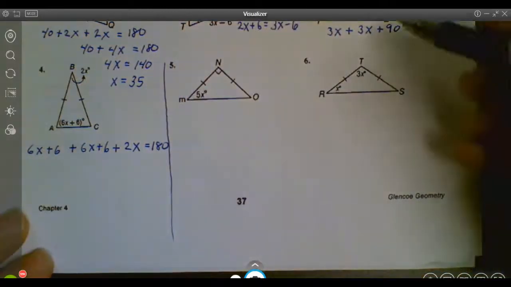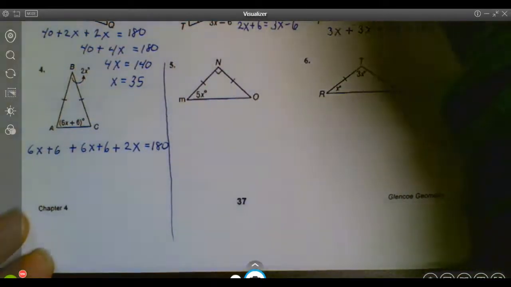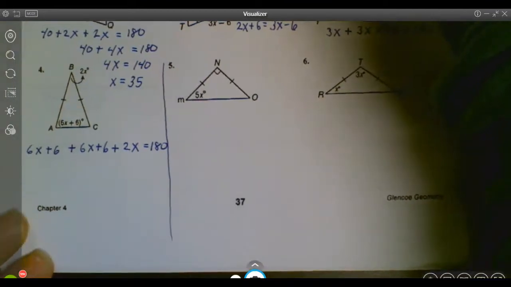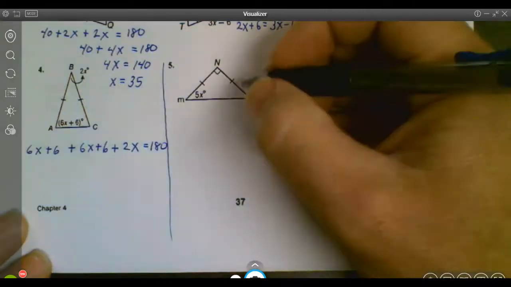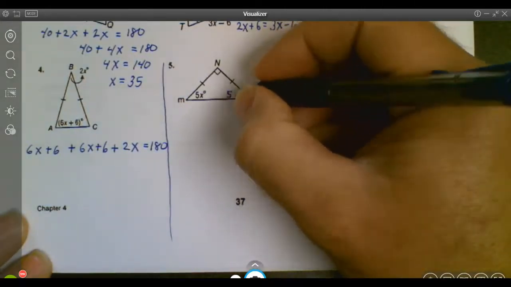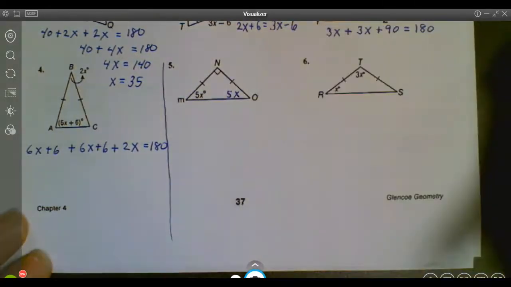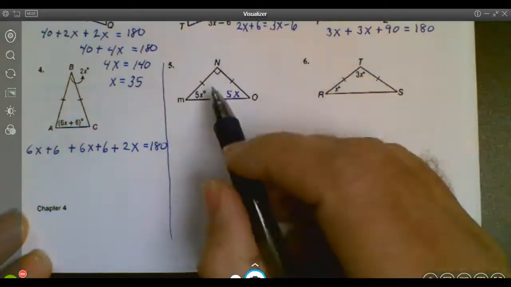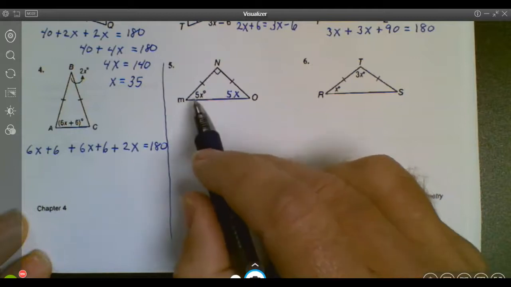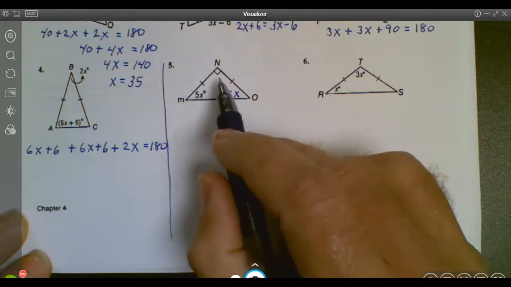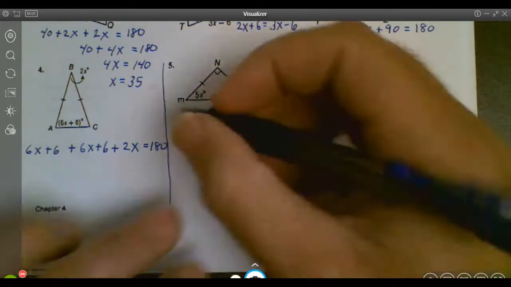All right, here's another one like number 3 was. So again, guys, if this is 5x, then so is this by the isosceles triangle theorem. I know that all 3 of these add to 180. So 5x plus 90 equals 180.